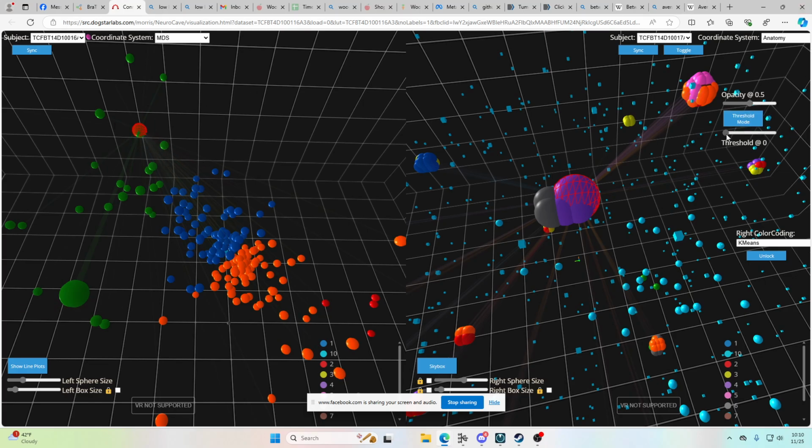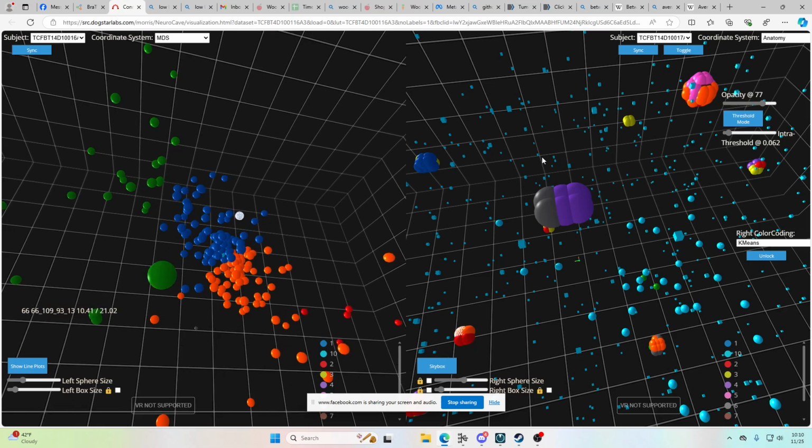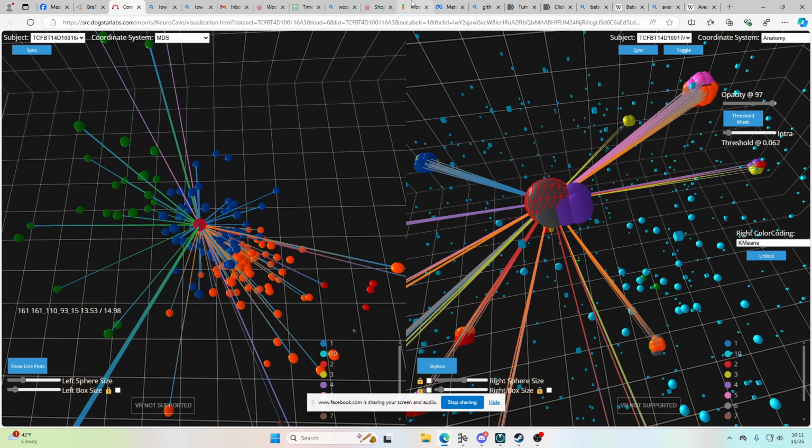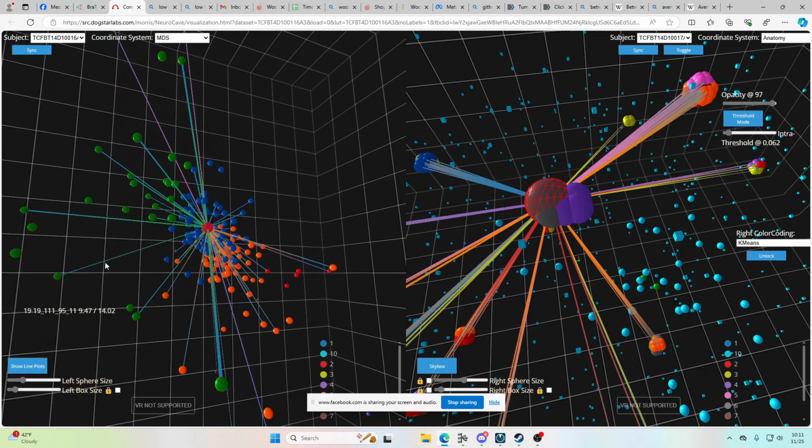You can use a threshold to limit the edges to just the stronger connection weights. Click on maybe this one again. So now my cutoff is 0.062 on the weight scale, and it displayed the connections to these others.